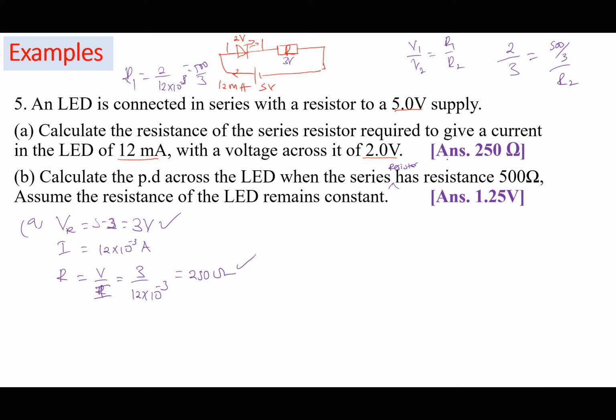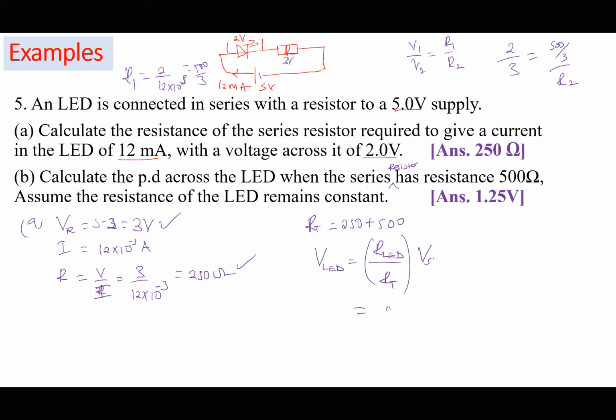So if the resistance of the LED remains constant, it means the total resistance is going to be the resistance of the LED, which is 250, plus 500, the resistance of the fixed resistor. Then the PD across the LED using the potential divider formula is the resistance of the LED divided by total resistance times the voltage supply.